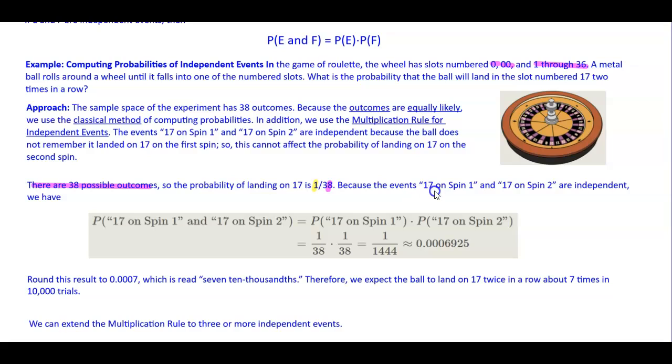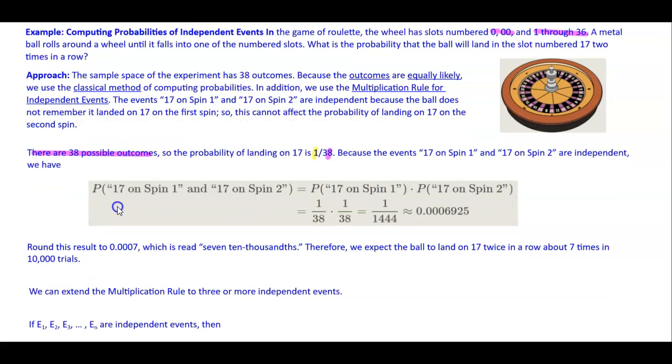Because the events 17 on spin 1 and 17 on spin 2 are independent, we would say the following. The probability of 17 on spin 1 and 17 on spin 2 is the probability of 17 on spin 1 times the probability of 17 on spin 2, because again, they're both independent.